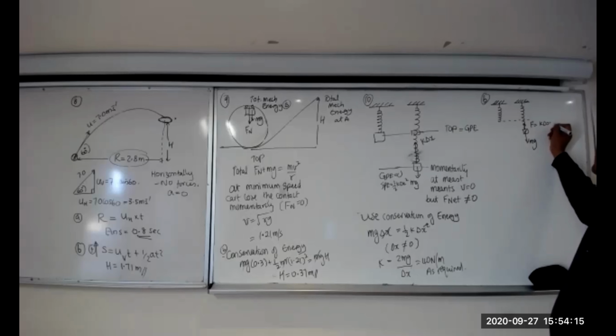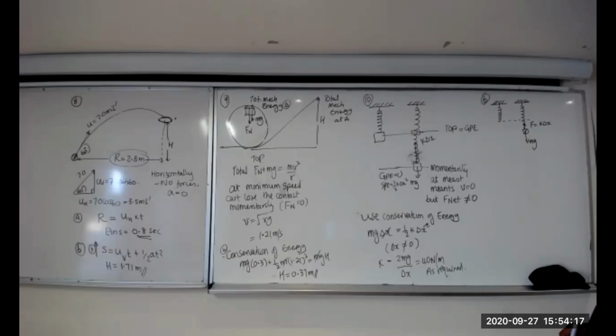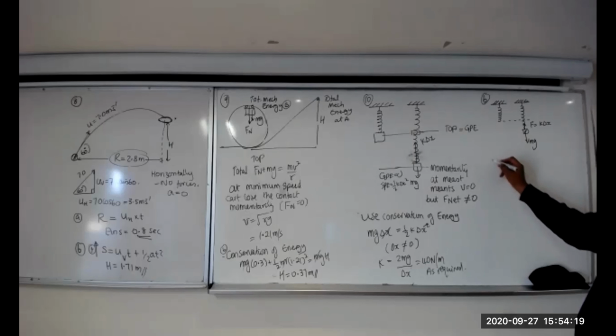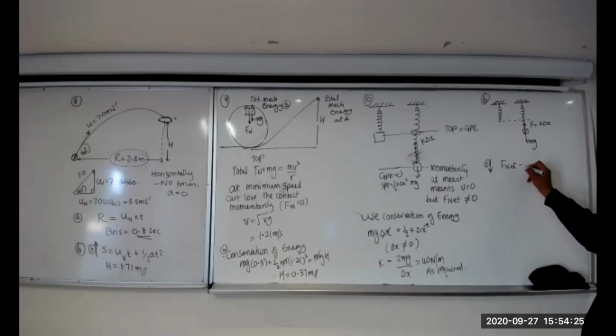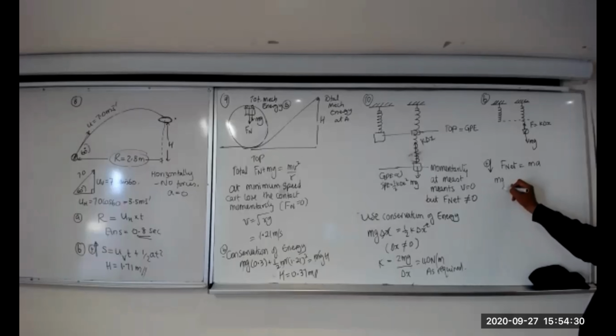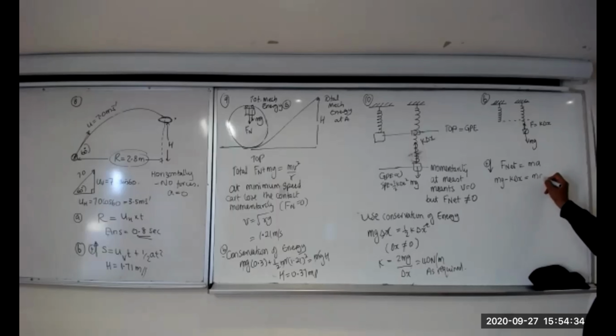Delta x is acting opposite to the extension. Your net force, if I take down as positive, is mg minus k delta x. Remember, your mg doesn't change.